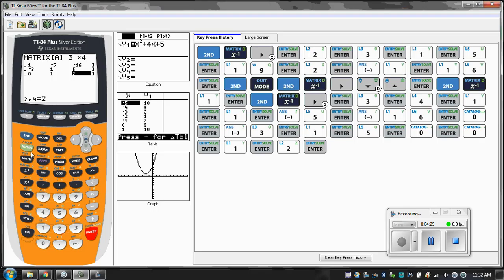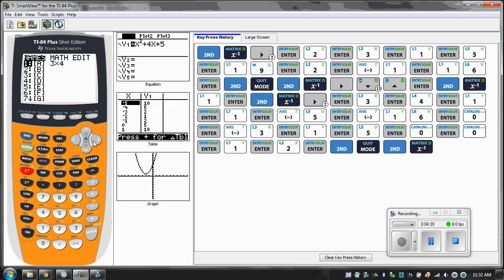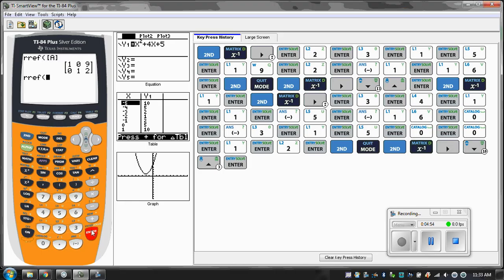Now that I pressed enter, I'm going to clear out. So to find my answer, I press second matrix, scroll over to math, and again we're looking for RREF. Press enter.